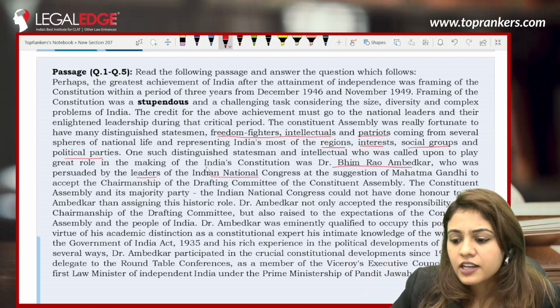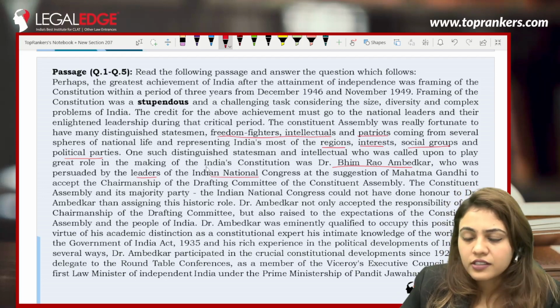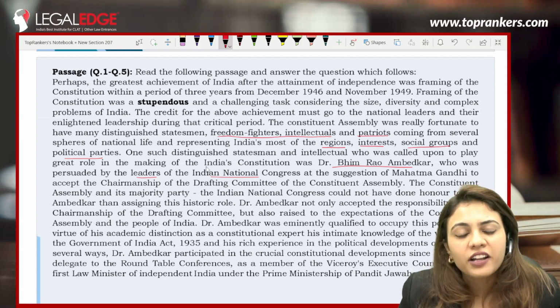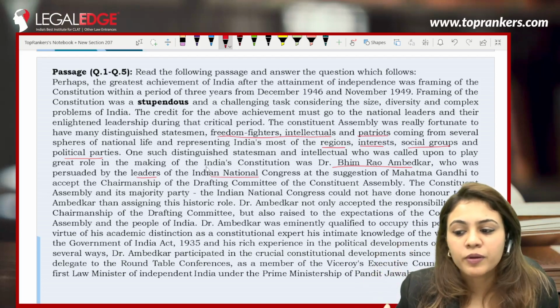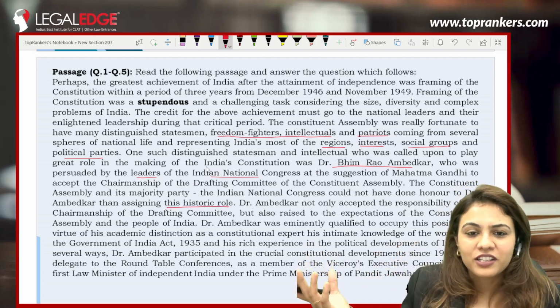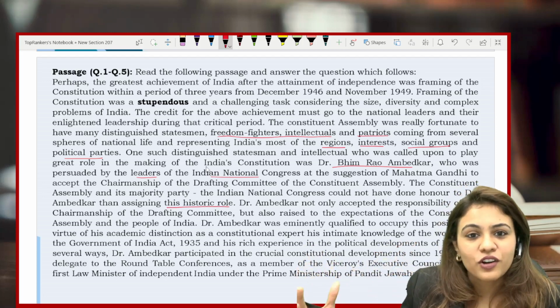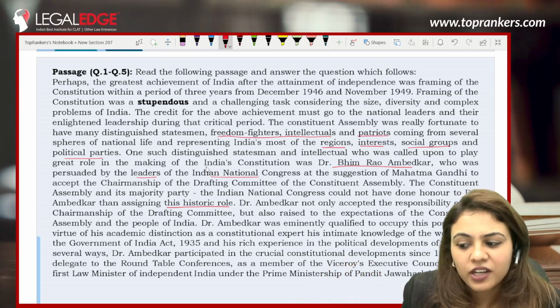Now, the thing is, the Constituent Assembly and its majority party, which is the Indian National Congress, couldn't have done a better honor than to offer him a position that is so, so important. And obviously, his name is written in the historical papers. तो आप बोल सकते हो कि उन्होंने history में हमेशा के लिए अपनी जगह बना ली.